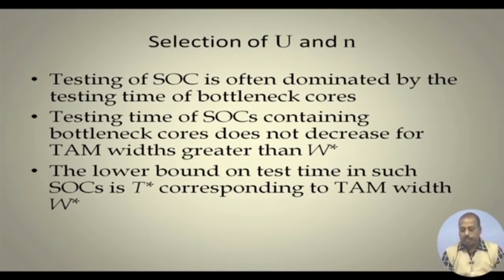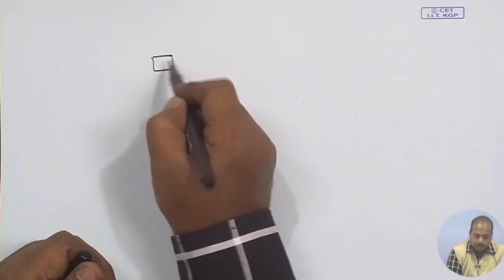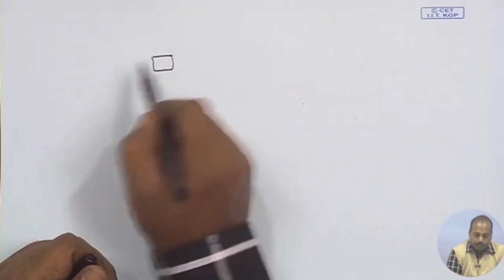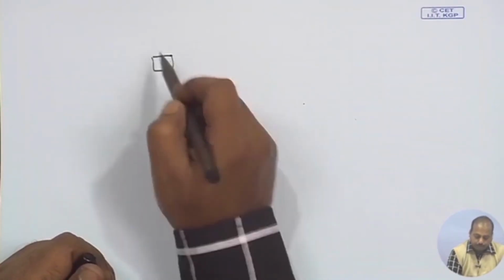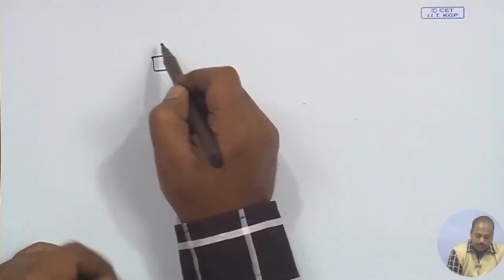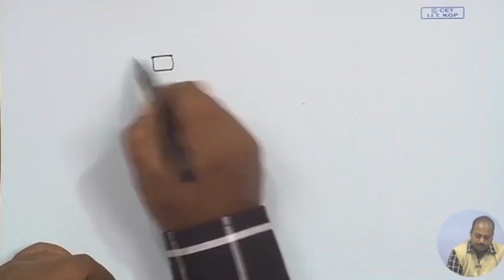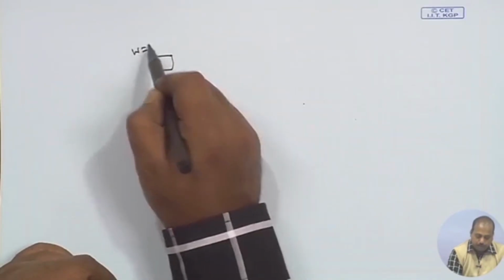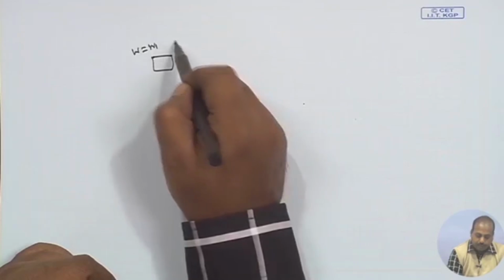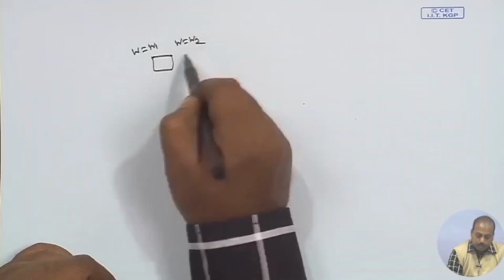So, what is the situation with bottleneck cores? Suppose a core is given more TAM width, say sometimes with w equal to w1 and sometimes with w equal to w2.